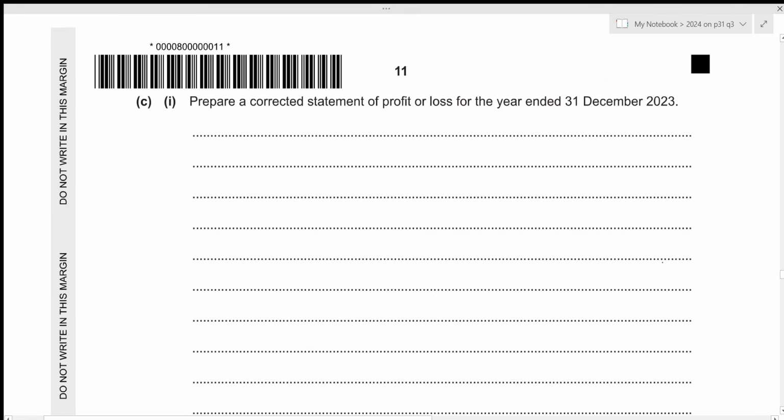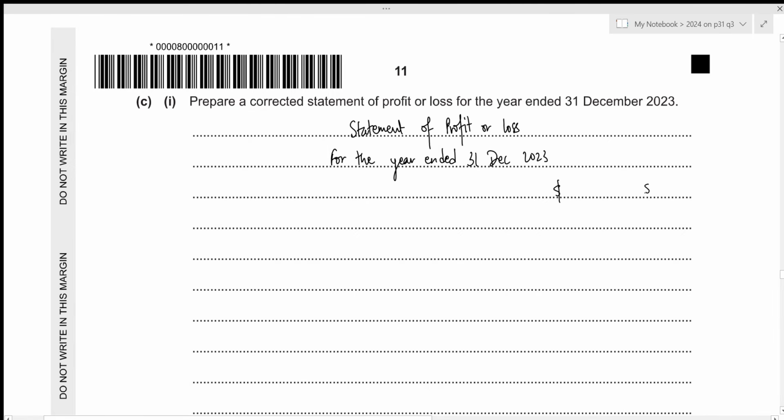We now need to prepare a corrected statement of profit or loss for the year ended 31st December 2023. This is the statement of profit or loss for the year ended 31st December 2023.